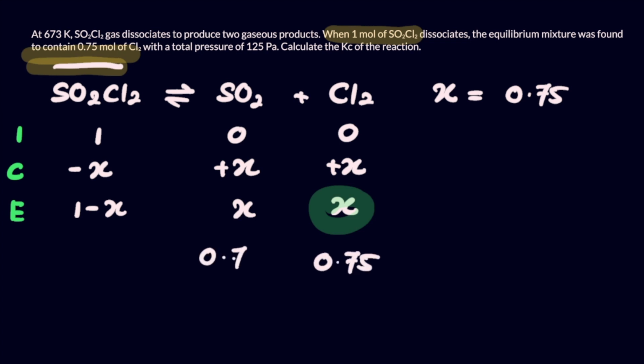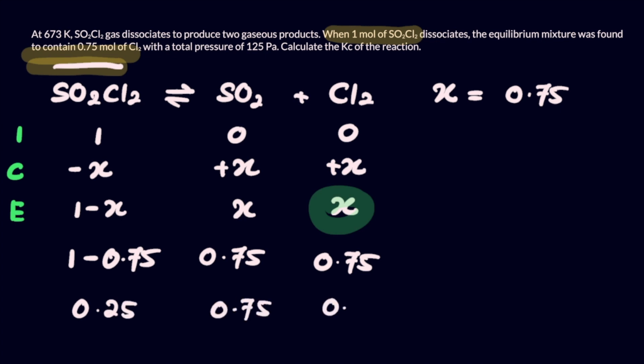This one should be 0.75 as well. So 1 minus 0.75. Right. So in saying that, the number of mole here will be 0.25 and the rest will be 0.75. Okay, so this is your ICE diagram.